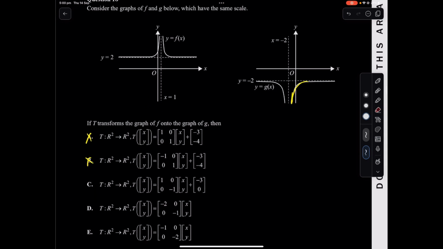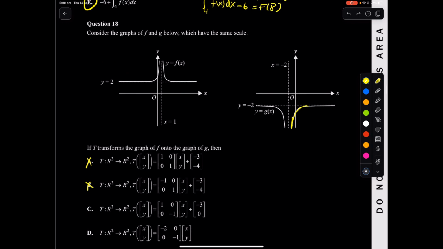This is the best way that I would do it, just guess and check. So this one here, there's a reflection along the x-axis. If I was reflecting it, this over here would be y equals negative 2, which is true for this one. So if we reflect it, it will look like this. And then we translate it to the left by 3 units.